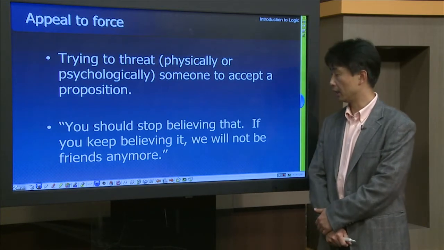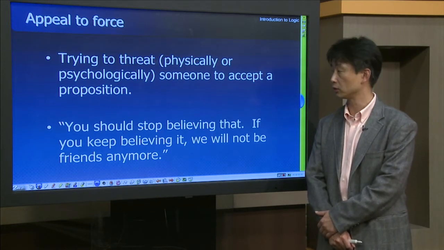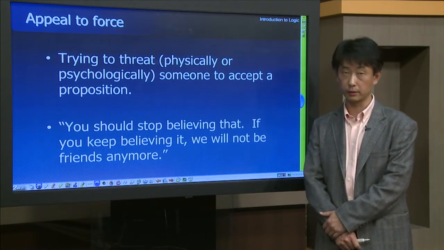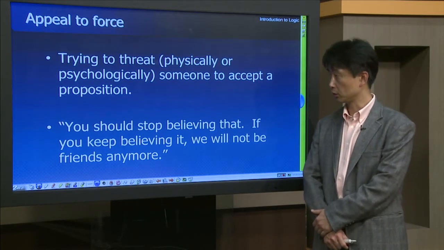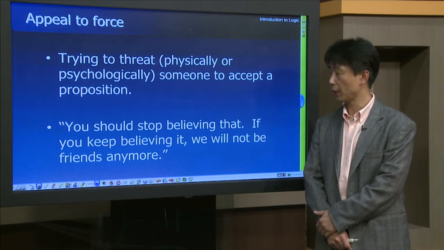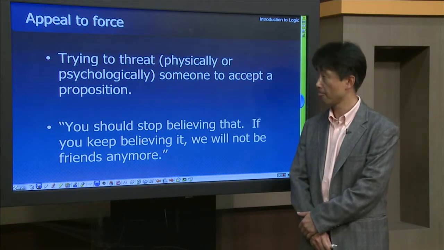When not having a friend is considered as something bad, then this can be a threat to someone. Okay? So this is not a proper way to persuade someone to stop believing something. It's a fallacy.